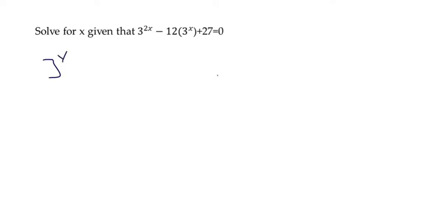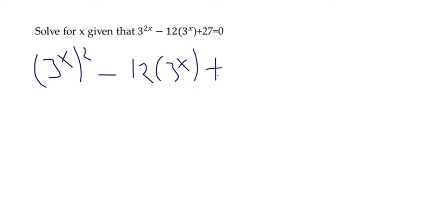(3 to the power x) raised to the power 2 minus 12 multiplied by 3 to the power x plus 27 multiplied by (3 to the power x) raised to the power 0 equals 0.